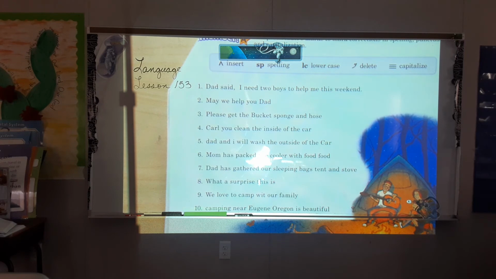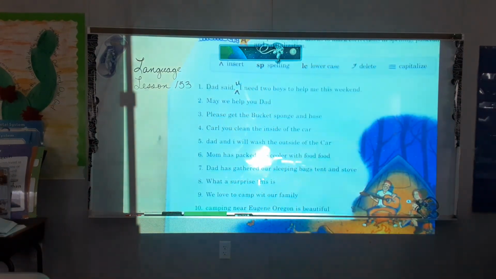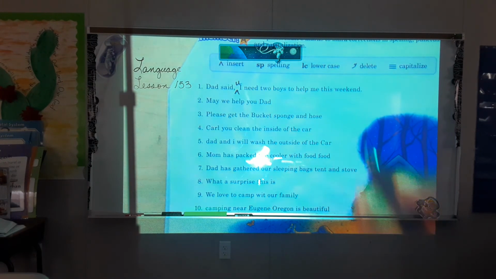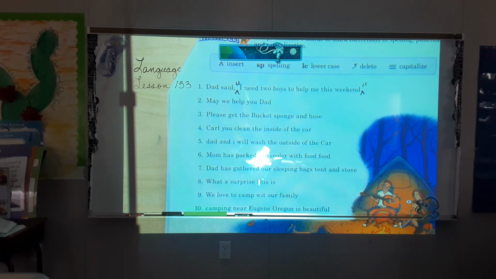The first one. Dad said, if he said it, that means that it's a quote. I need quotation marks. I need 2 boys to help me this weekend. The next one.